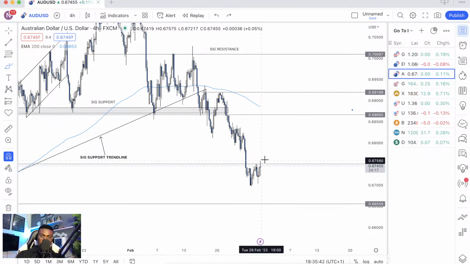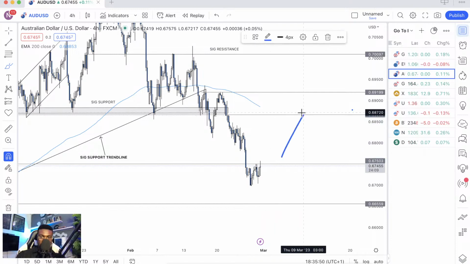But we want to pay attention to how it reacts to this level, because that can be an indication for you to look for either buying opportunities and take targets here, or selling opportunities and take targets here, right? But I just expect it to consolidate a bit and then break out of the consolidation and get back to the downside.